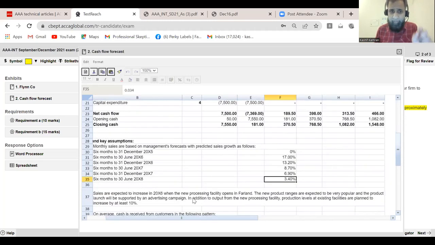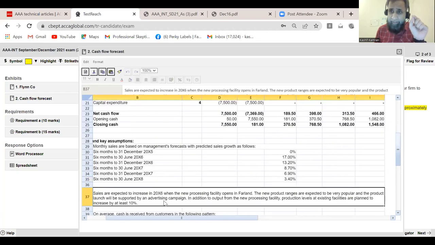Now, sales are expected to increase in 20x6 when the new processing facility opens in Farland. So they're opening a new plant in Farland, right, for which they're taking a loan. So they believe when the new processing plant will be opened in 20x6, the sales will automatically increase.